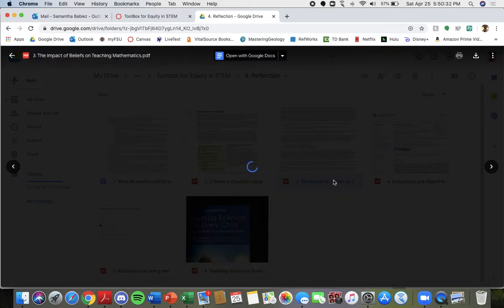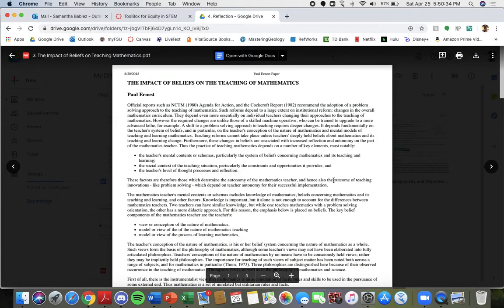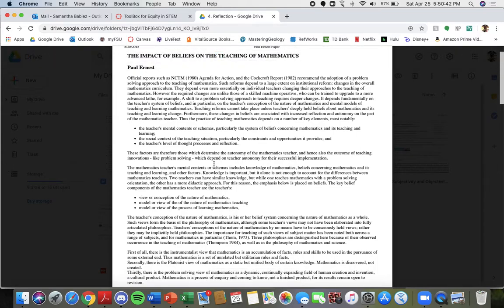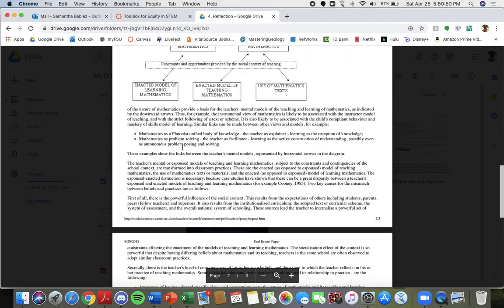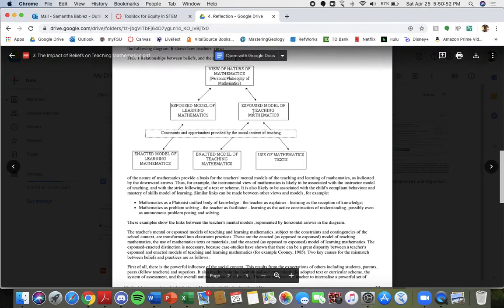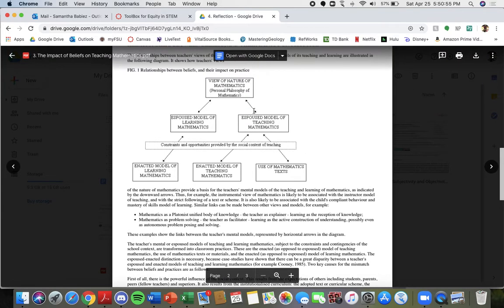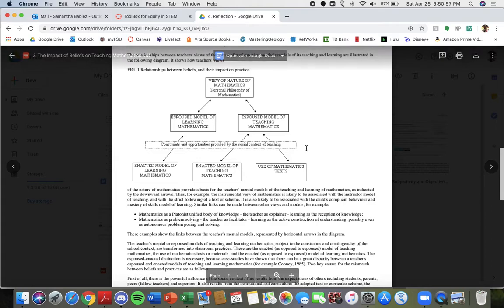The third one is the impacts and beliefs of teaching mathematics. So this was one of the very first articles we read, this Paul Ernest article. And although it's focusing on mathematics, it can definitely be translated to science. It's talking about how a teacher's beliefs affect their teaching. This diagram here is also really great to look at.